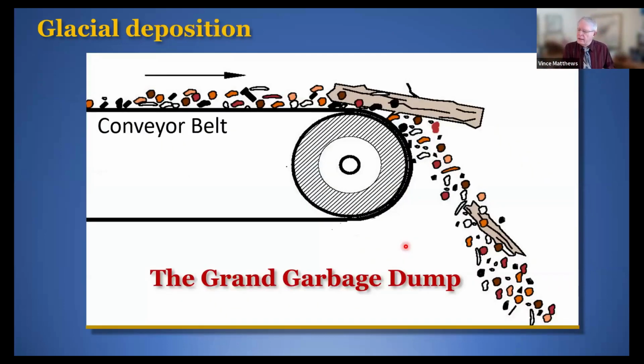So remember I said that conveyor belt, that glacier is always moving downhill. Even if the snout is retreating up, it's still bringing material with it. And if the terminus is not moving either up or down valley, that conveyor belt is still working, and it just dumps the material at the end of the glacier.